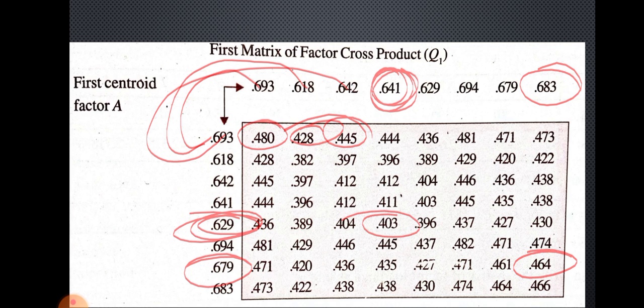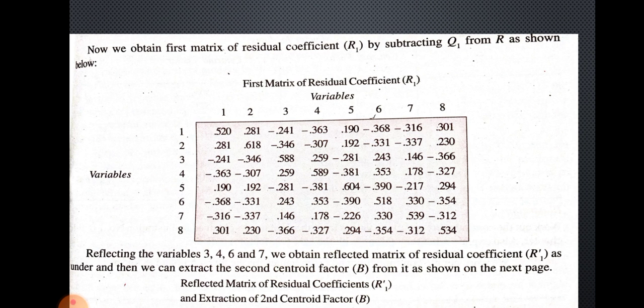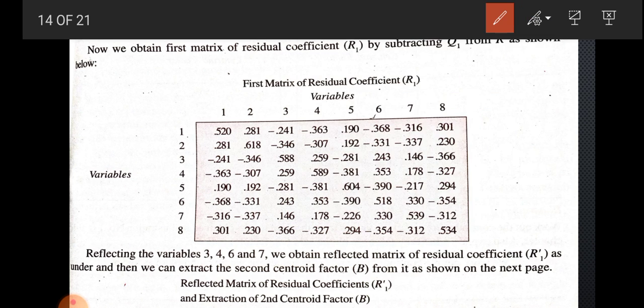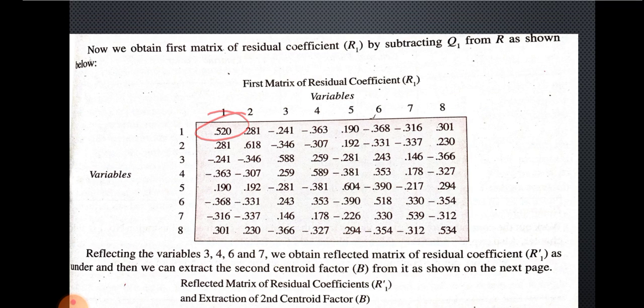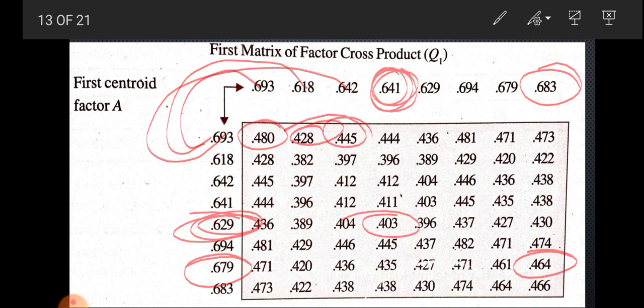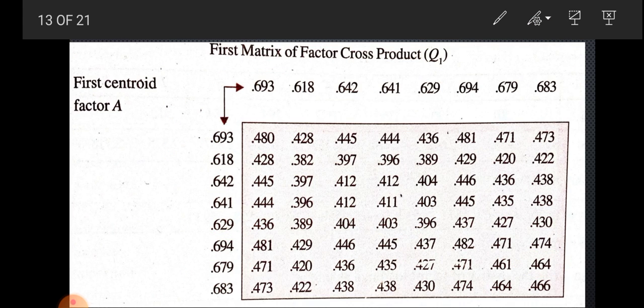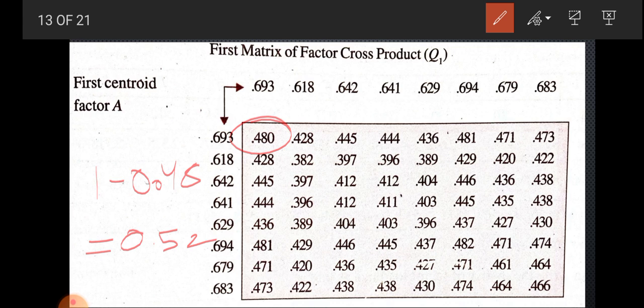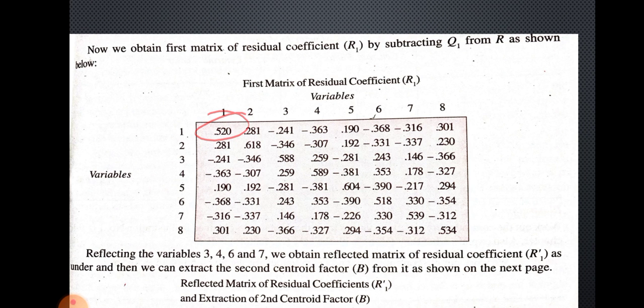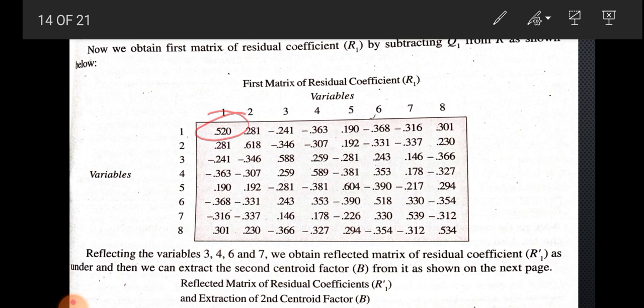So if you subtract 1 minus 0.48, suppose this one is 0.52. How have we got 0.52? This is 1 minus 0.48, then this value is 0.52. So like this you just subtract and get the values here.